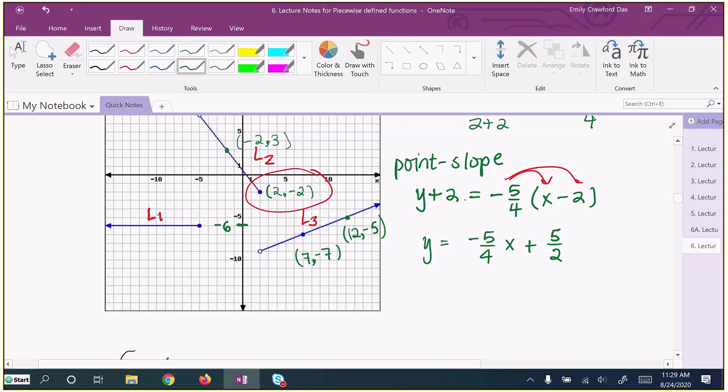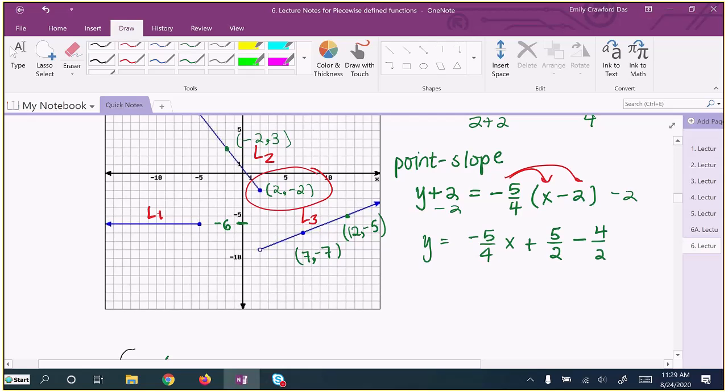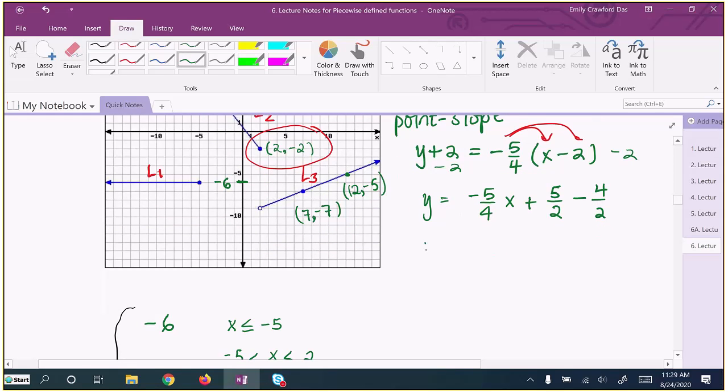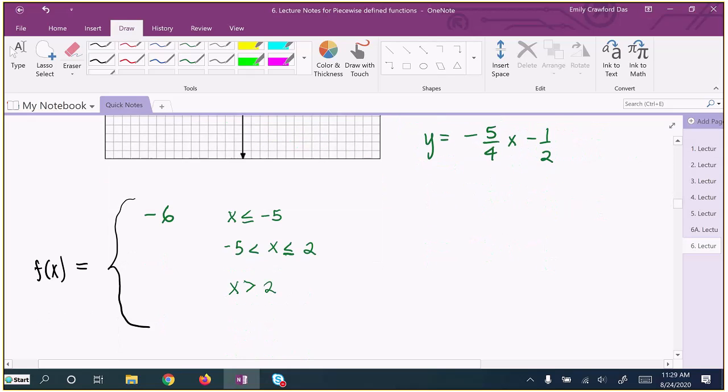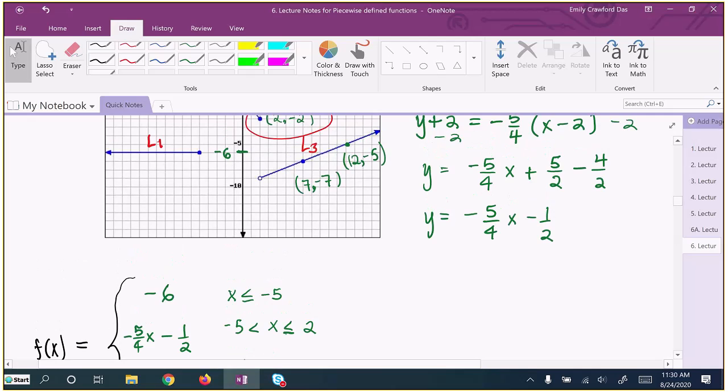Then I need to subtract 2 from both sides. I'm going to subtract 4 over 2, I'm just making it a common denominator. So this is y equals minus 5 over 4x minus 1/2. So I can fill that in here and say this is minus 5 over 4x minus 1/2. That's the equation that corresponds to the part of the domain between -5 and 2.